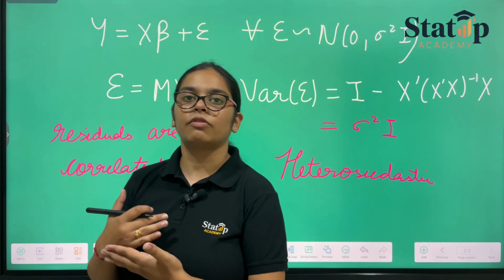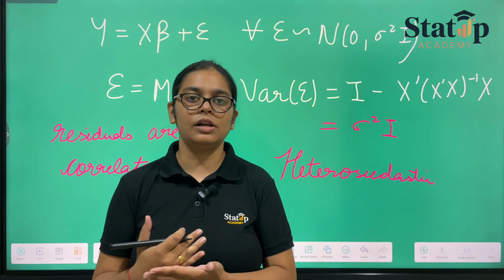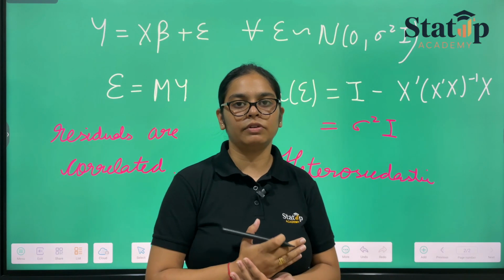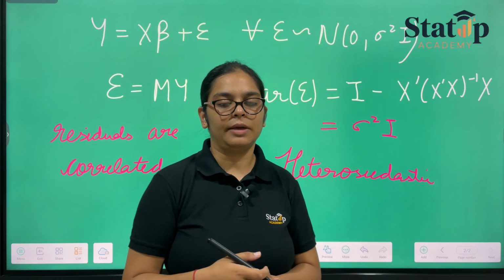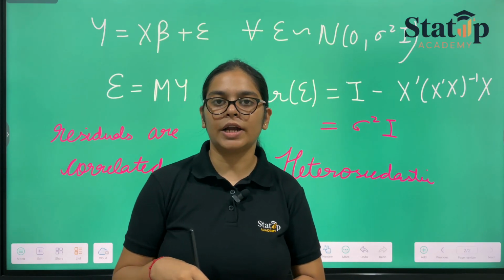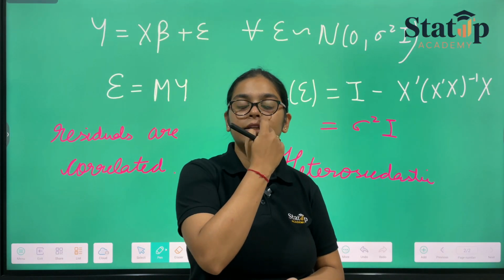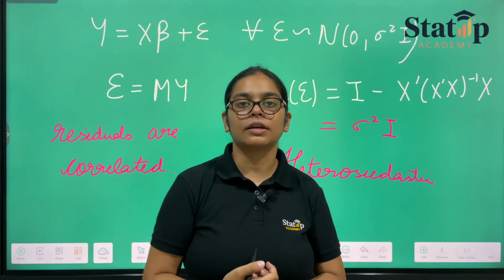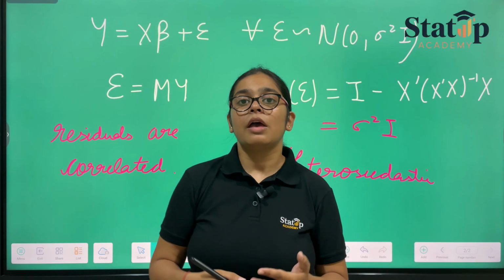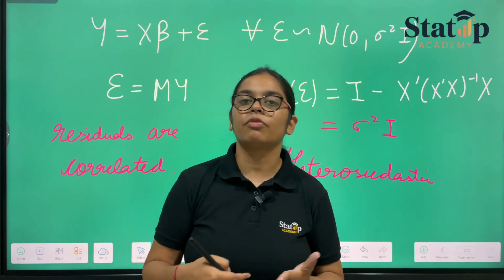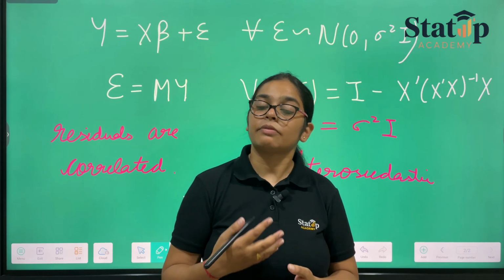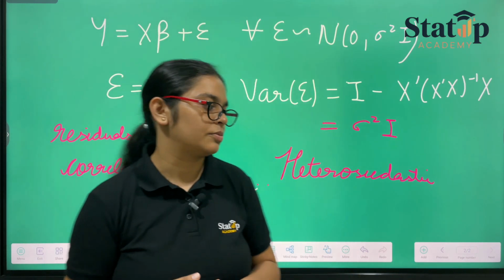Those n minus k observations we will take in the model, and we will leave the k observations which are correlated; the uncorrelated we will take, and we'll form a model with them. Hence all our residual terms are now uncorrelated, and our variances are also homoscedastic. So we have formed a new model which is an uncorrelated linear function of y and homoscedastic. So we have solved this problem by Theil process.